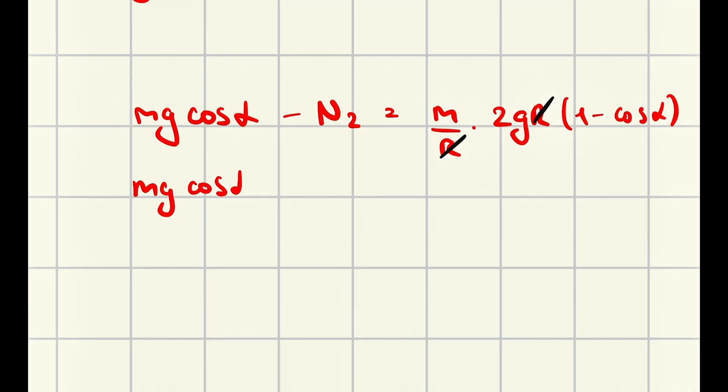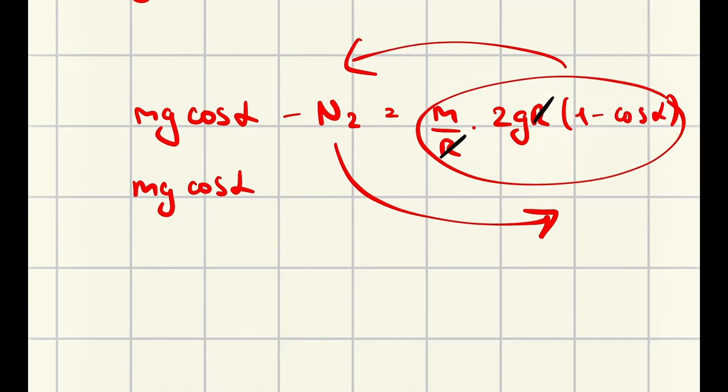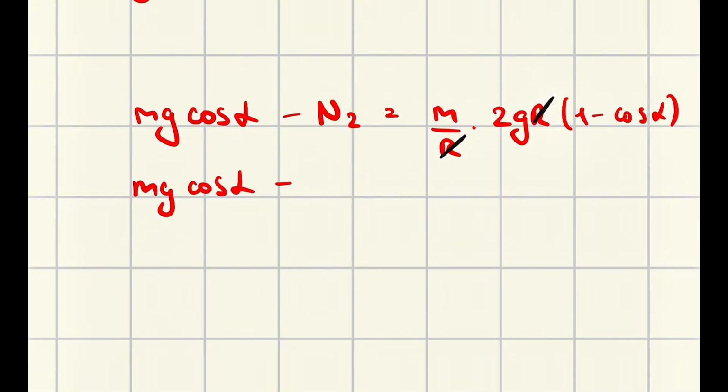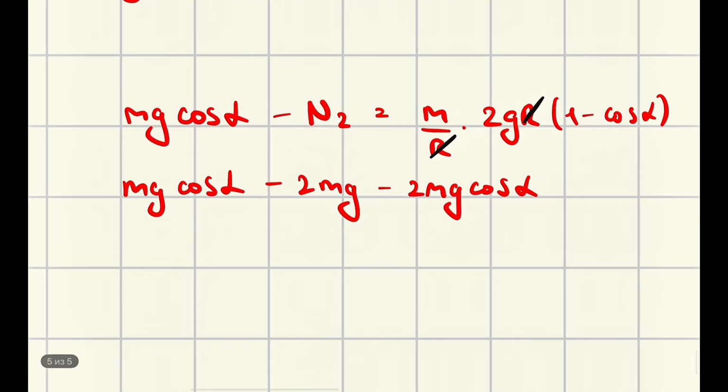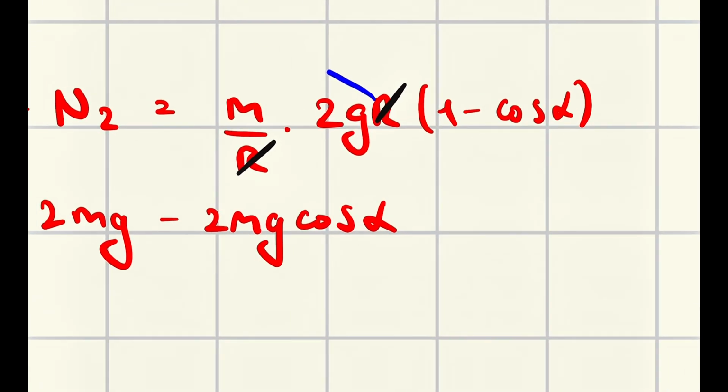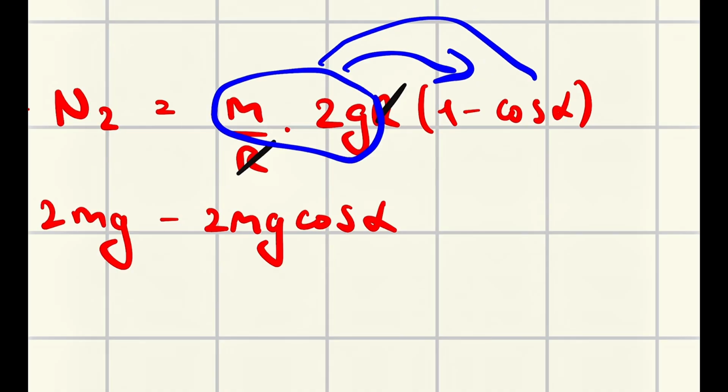mg cosine alpha. Let me bring this thing to this side and this N to this side, and that's how we get something like this. It would be minus 2mg. Let me open the brackets, 2mg minus 2mg cosine alpha. So what I did, I just took these three things and multiplied each one of them.